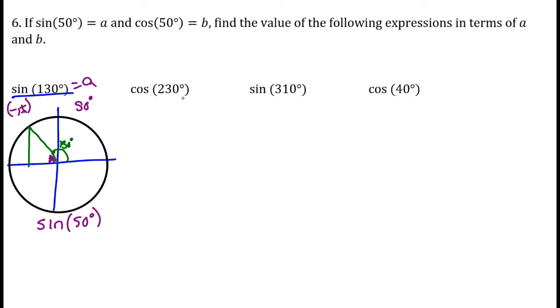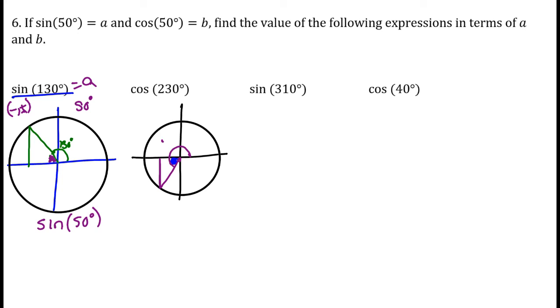Cosine of 230. Gonna make my unit circle and sketch a picture. 230 is past 180, so it's in quadrant 3. I need to figure out what's my reference angle, though, after I drop my perpendicular back down to the x-axis. My reference angle, well, that's 180.